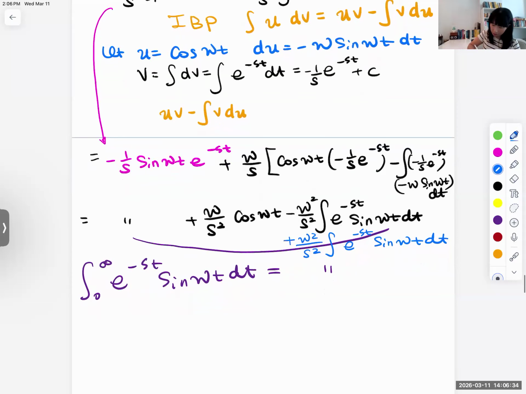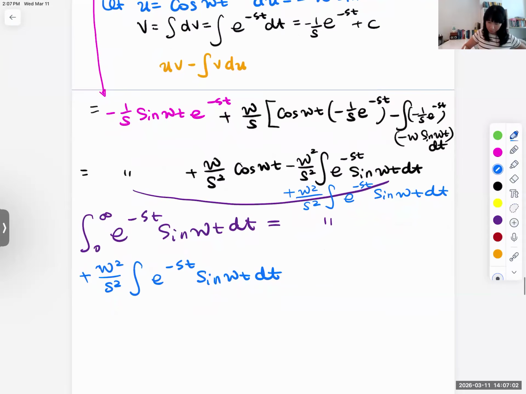Since we do that here, let us do that here too: omega squared over s squared times the integral of e to the negative st sine omega t dt. Okay, we did this one in Calculus 2, integration by parts, right? Yeah, we had experience.